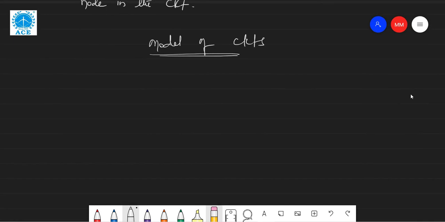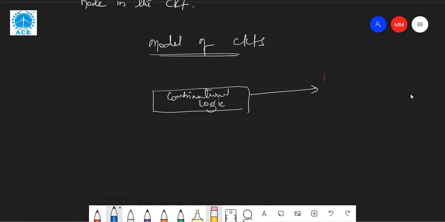If I take this combinational logic, it consists of primary output and primary input.